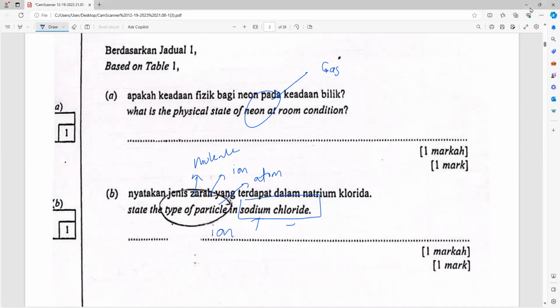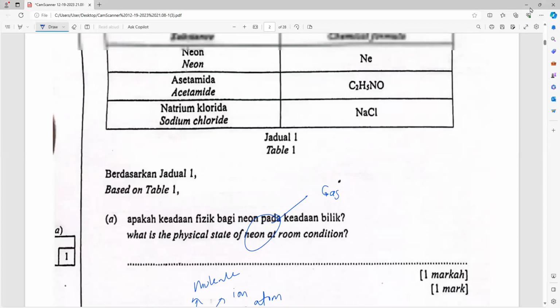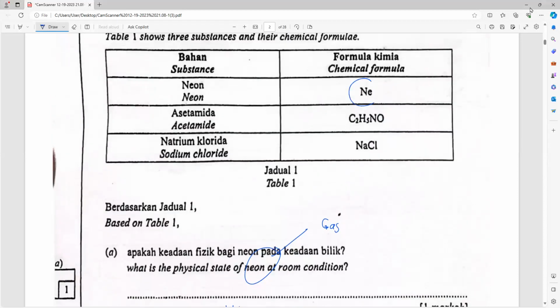Okay, because I've got sodium chloride. Okay, let's say teacher asks you, what is my type of particle in neon? What's your answer? Molecule. No. Atom. Atom, that's right. Okay, correct, it's atom. Neon, if it's atom, it must be by itself, like magnesium. It's by itself, so it's an atom.